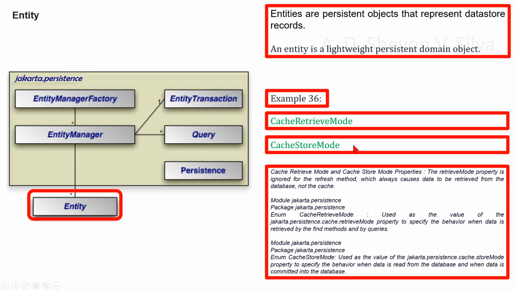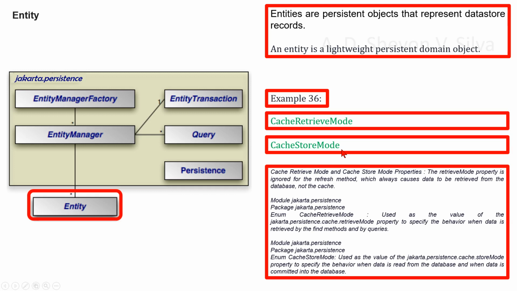The cache retrieve mode and cache store mode properties specified for the find, refresh, and Query, TypedQuery, and StoredProcedureQuery setHint methods override those specified in the persistence context for the specified find and refresh invocation, or for the execution of the specified query.